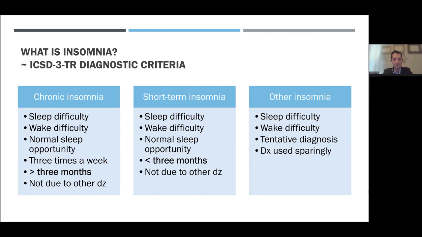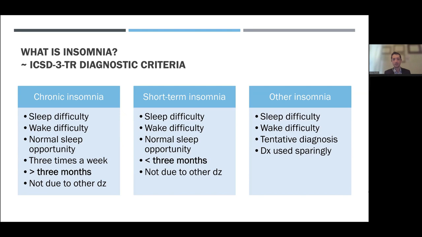Chronic insomnia and short-term insomnia are very similar in terms of how they present, but the differentiating factor is that chronic insomnia goes on for more than 3 months, and short-term insomnia goes on for less than 3 months. There's still difficulty with initiating or maintaining sleep, difficulty waking up, despite normal sleep opportunity, and it's not due to another condition.